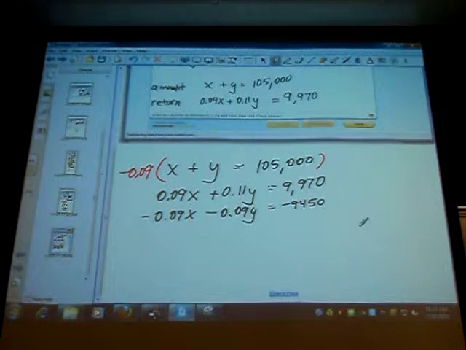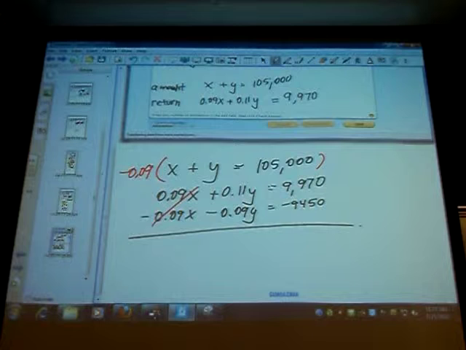Okay, so then I can add my equation. Positive 0.09x and negative 0.09x cancel out. 0.11y minus 0.09y would be 0.02y. And then 970 minus 450 is 520. Then just divide them both by 0.02.